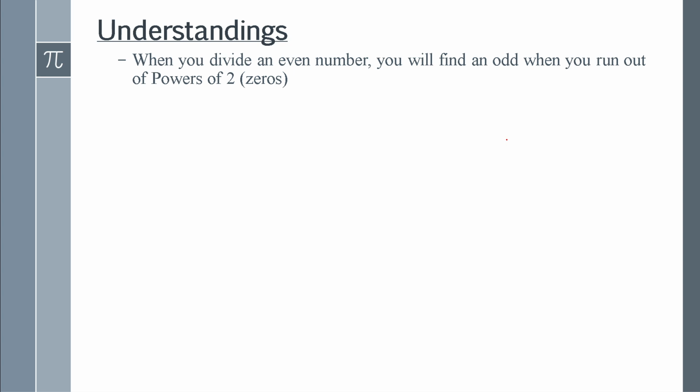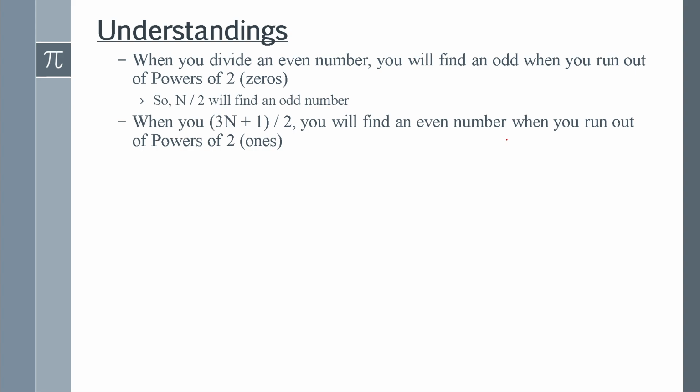A couple of things that you need to understand is that when you divide an even number, you will eventually run out of zeros and find an odd number. And the same is true for the ones in the remainder side of a number, and that is that you will eventually find an even number.